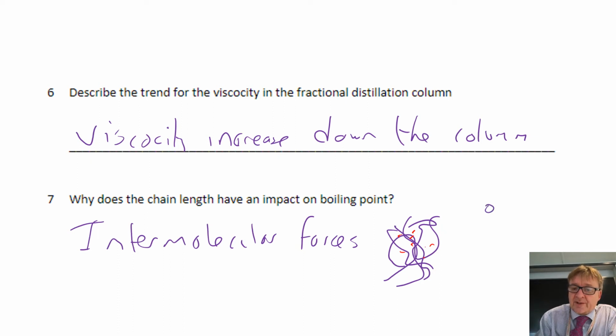If you've got little pieces of pasta and you let them go cold, they're very easy to separate because the intermolecular forces are considerably less. So why does the chain length have an impact on the boiling point? It's all to do with the intermolecular forces, it's the attraction between them.